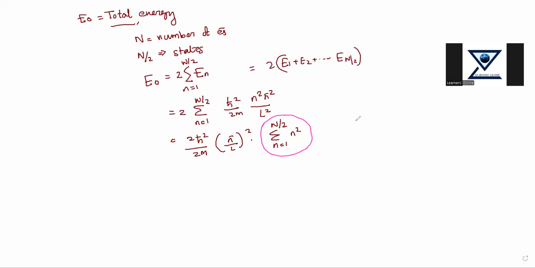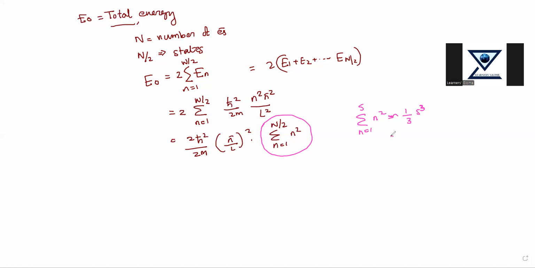Approximately, by the expression of binomial expansion, summation over n square from 1 to any value S is approximately 1 by 3 times S cube.